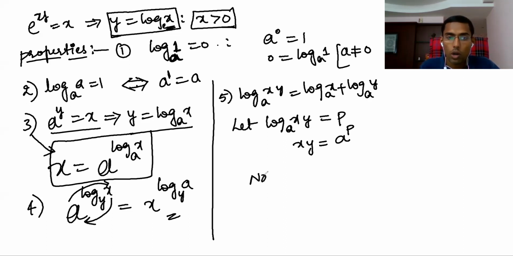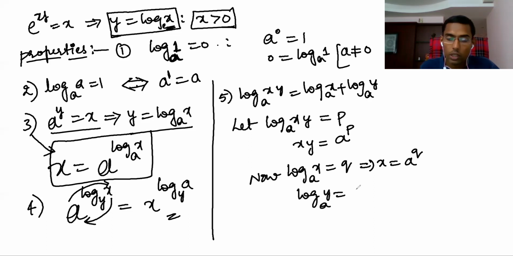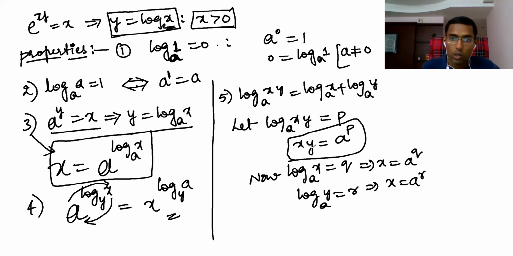Now take log x base a equal to some q. That implies x equals a to the power of q. And log y to the base a equals r, which implies y equals a to the power of r. Now substitute x and y: a to the power of q into a to the power of r equals a to the power of p.